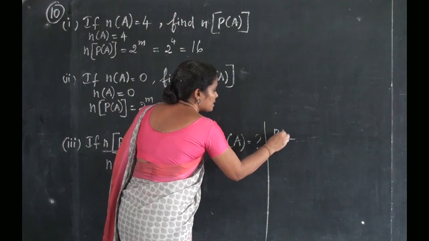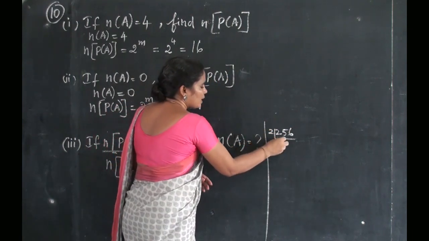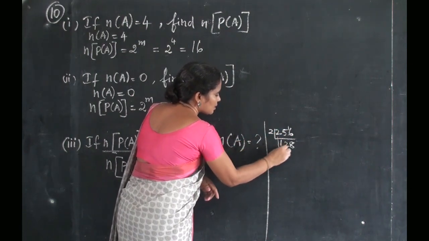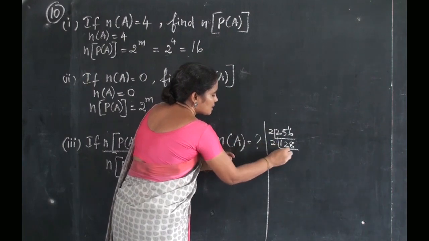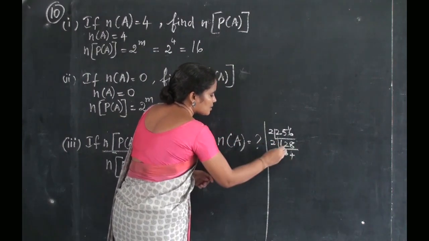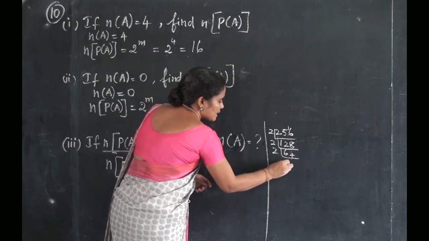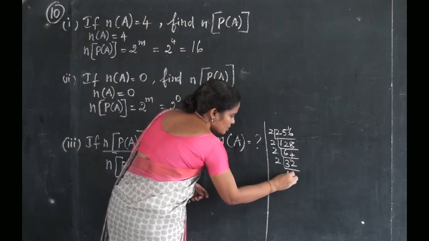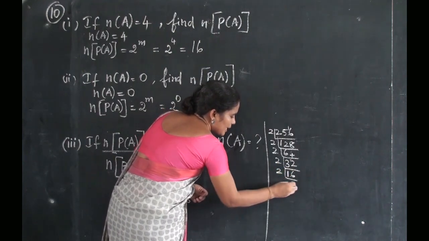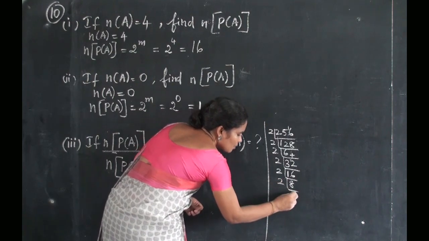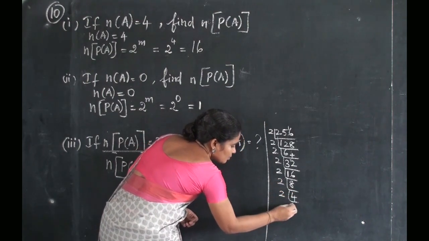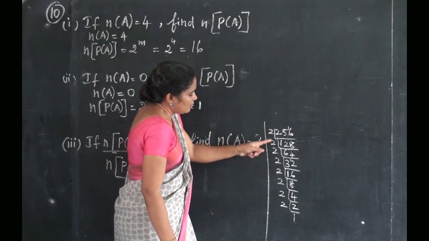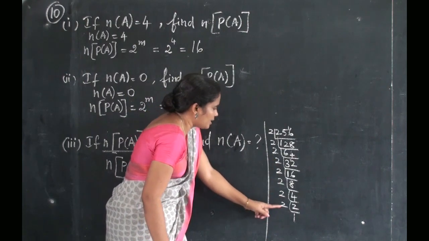So 256, dividing by 2 repeatedly, we get 2 to the power of 8, counting 1, 2, 3, 4, 5, 6, 7, 8.